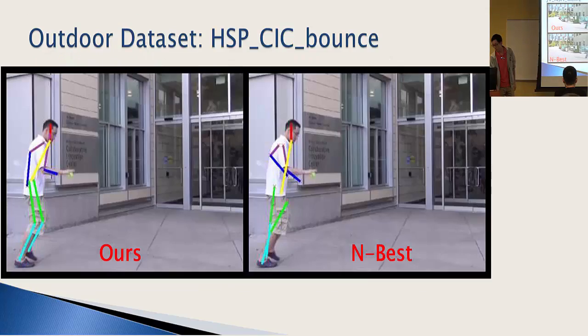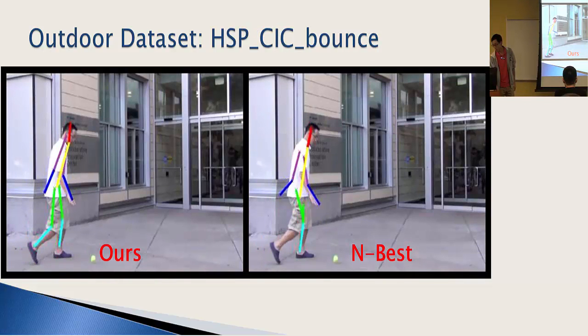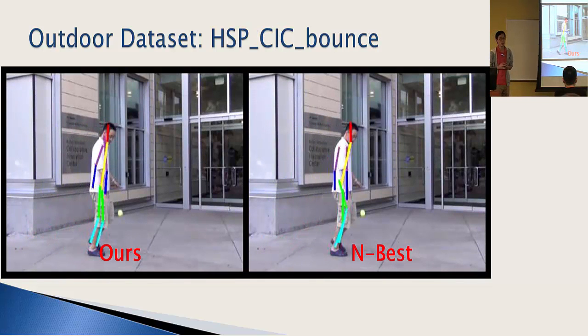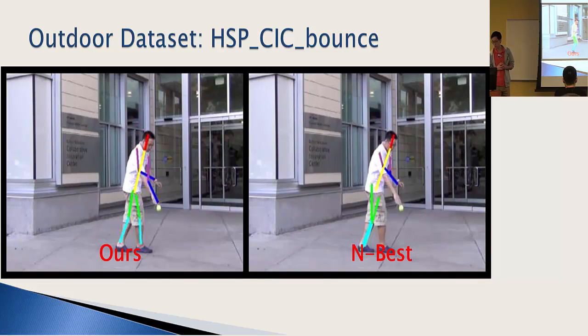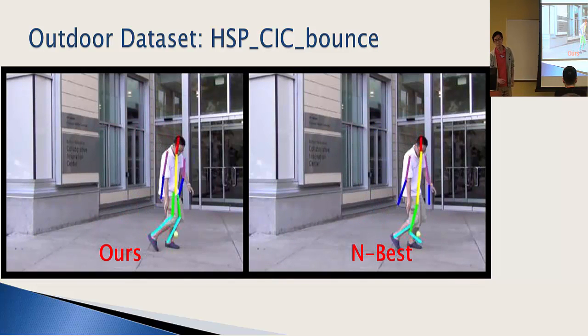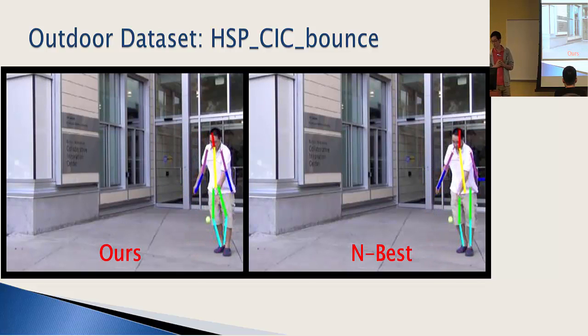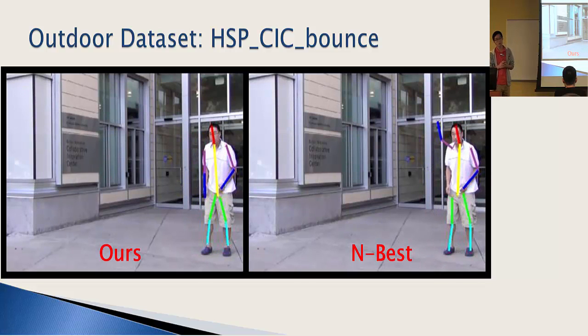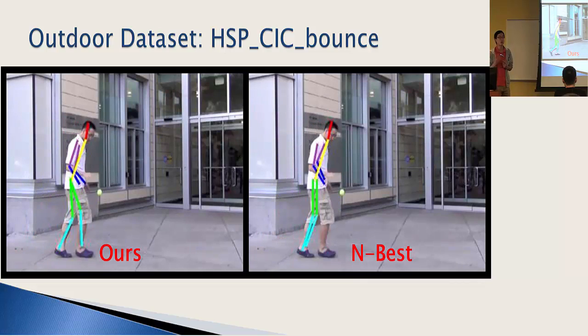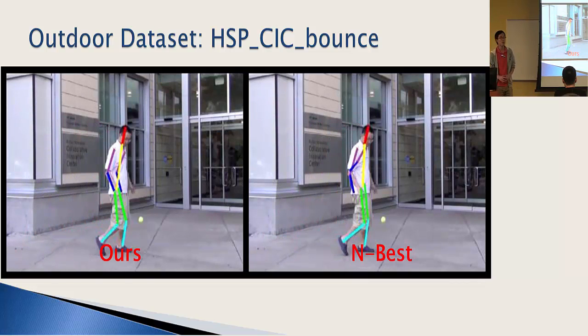And here's another video for the outdoor data set. We compare our results with several different methods, but since we only have the code for the NBEST method, we compare it quantitatively with the NBEST method only.